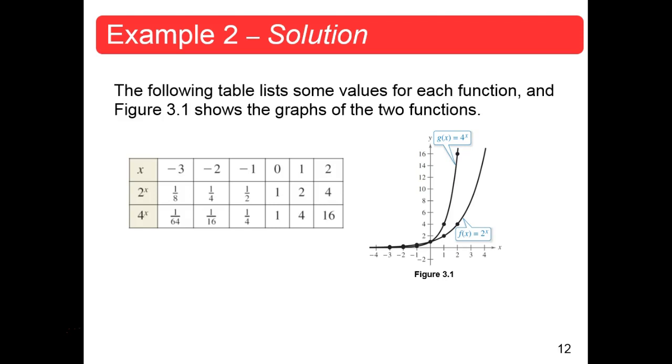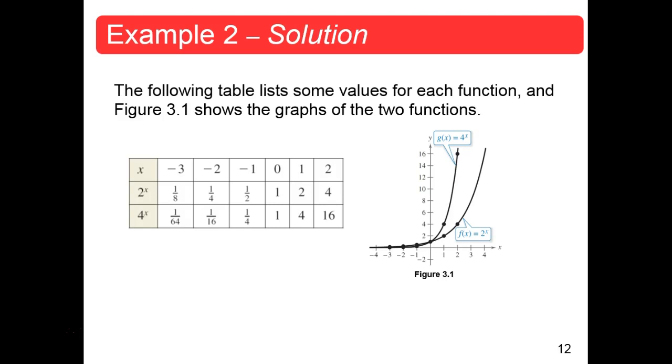We're on page 199, example 3, and example 3 does not have a slide dedicated to it. This was example 2. These are some of the values in an exponential function. And we talked about this before. These are actually two exponential functions. The first of these, 2 to the x. And things to note here, all these exponential functions seem to cross at 0, 1, because when x is 0, anything raised to the 0th power is 1, except 0, and of course we don't have 0 as our base.